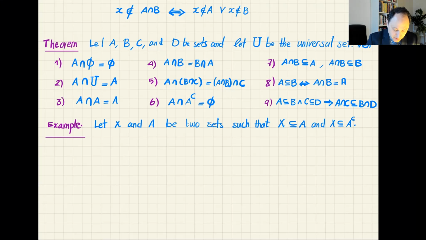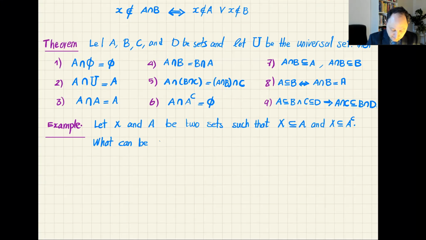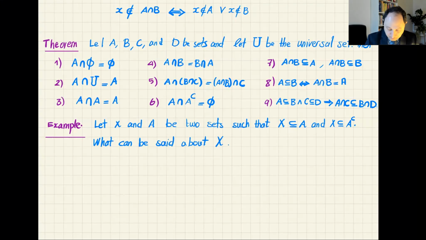Okay, what can be said about X? Is X the empty set? Okay. Yes, the answer is correct.